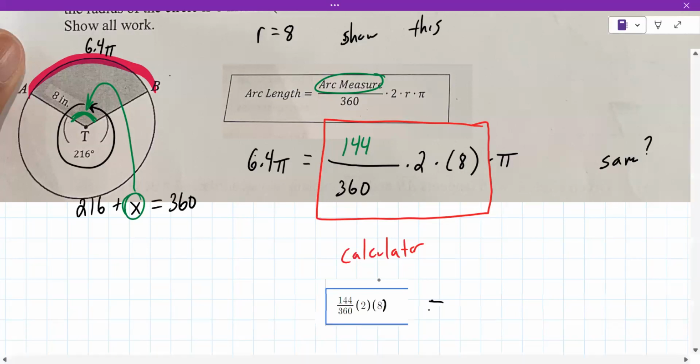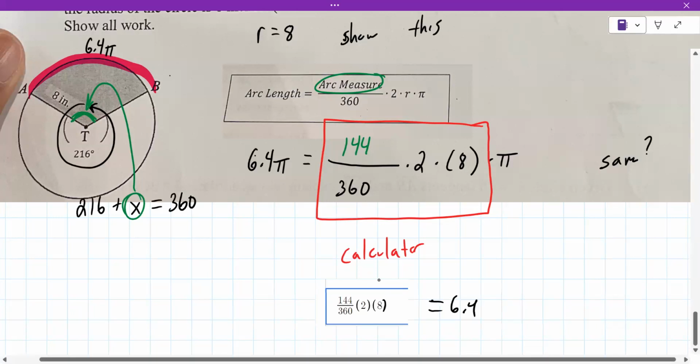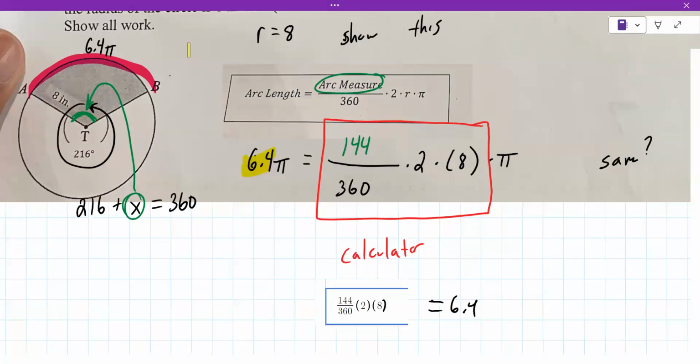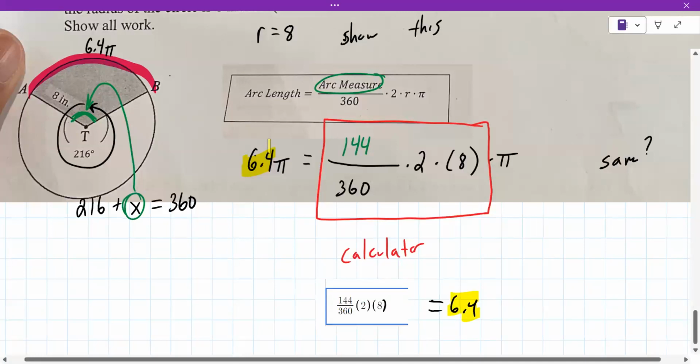And that's what we expect. We expect to get the same results. See how what I'm highlighting here is exactly the same? And that's what we were hoping for.